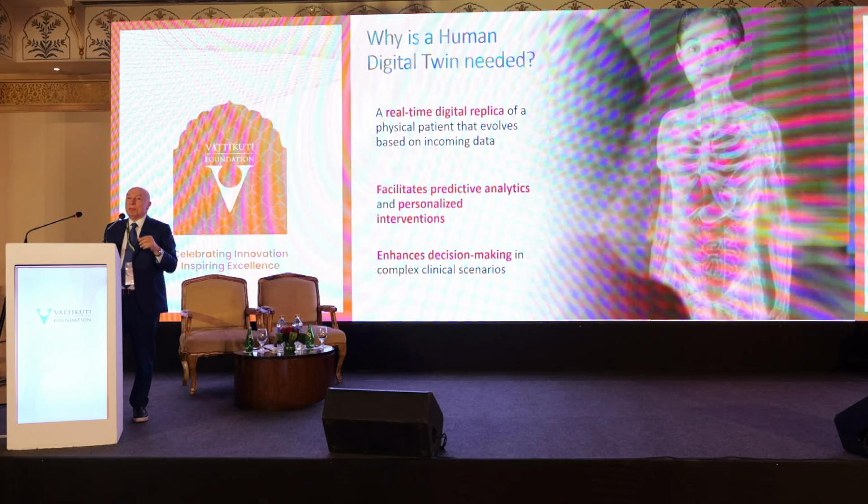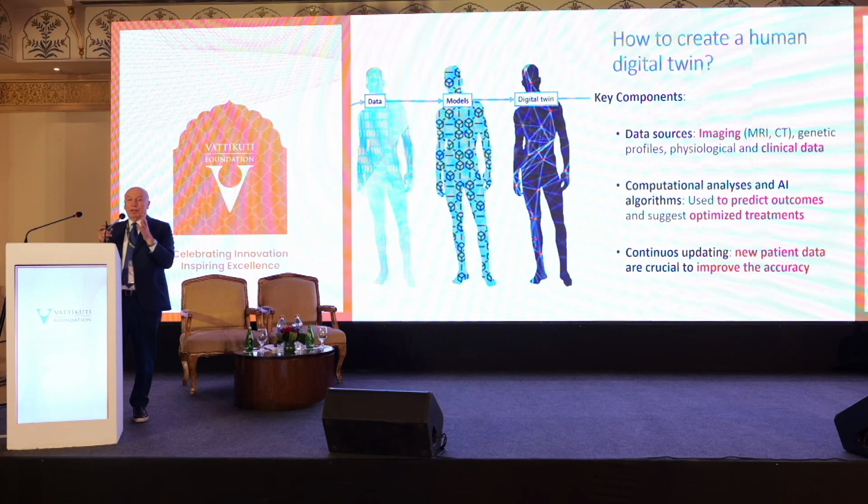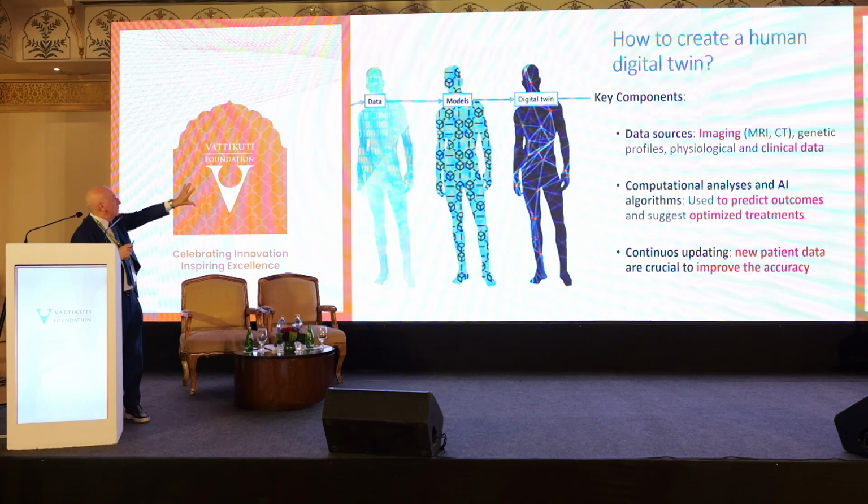This is extremely important. How to create the human digital twin? First of all, we need some data. From data represented by imaging, MRI, CT scan, genetic profile, and physiological data, we can create the model with computational analysis and artificial intelligence.